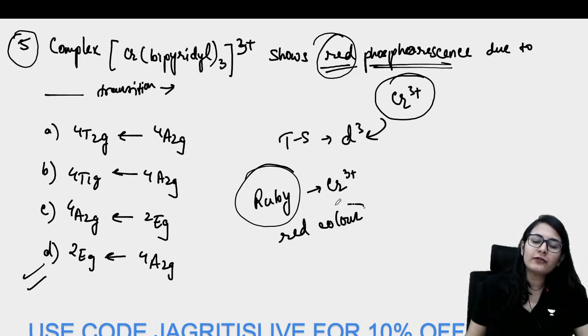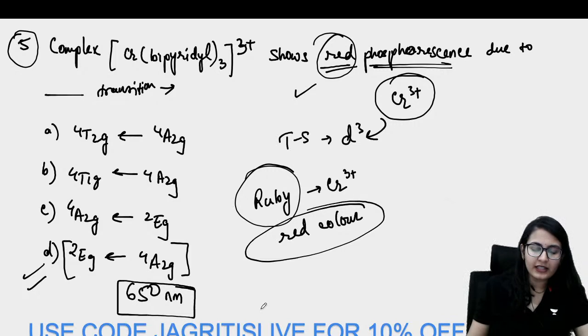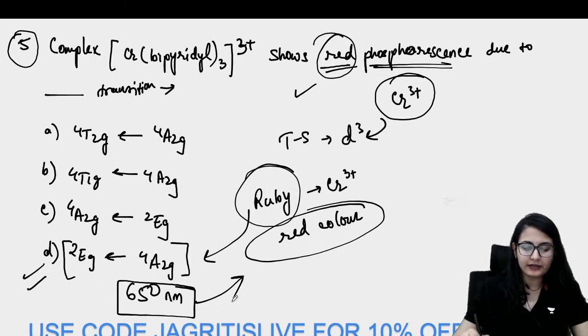So the red color of ruby is because of the red phosphorescence. This is the transition involved. It will approximately, not exactly 650, be at this wavelength. All of these things are related. Just keep that in mind. You might get a question on this.